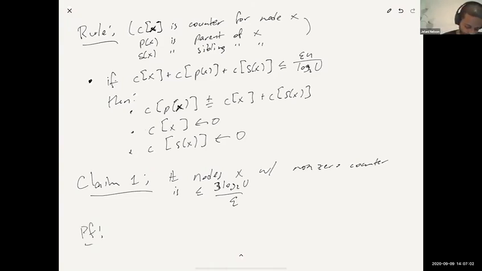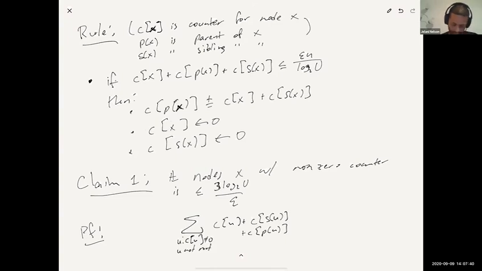So the proof of this is, if we sum over all u such that c of u is not 0, of c of u plus c of sibling of u plus c of the parent of u, other than the root, because the root doesn't have a sibling or a parent, what can we say?